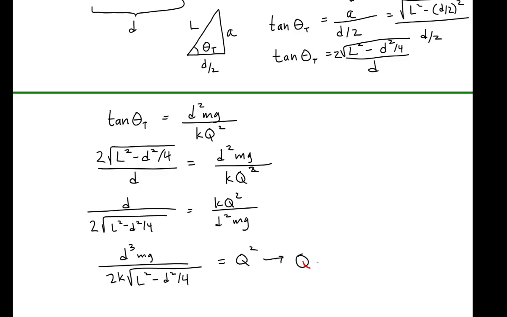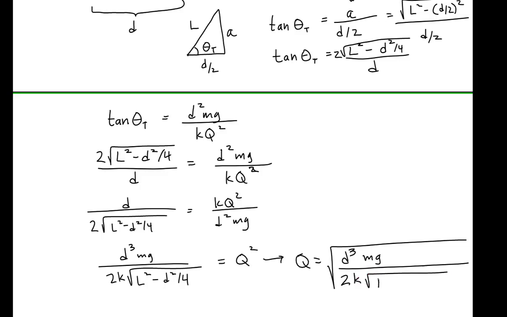So that is q equals the square root of d cubed mg over 2k times the square root of L squared minus d squared over 4. So this is the candidate for our answer for q.